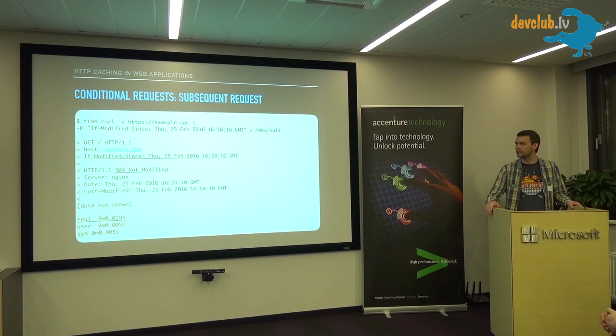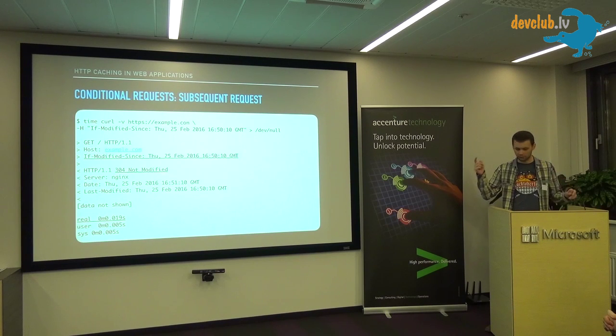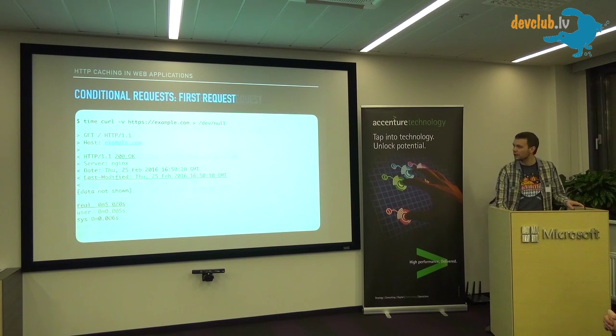So the next request, this is what your browser actually does behind the scenes. You don't have to do it manually, and your application does not have to do it. On the next request, your browser would include the If-Modified-Since request header, and the value actually comes from the previous response. You see the underlined Last-Modified?